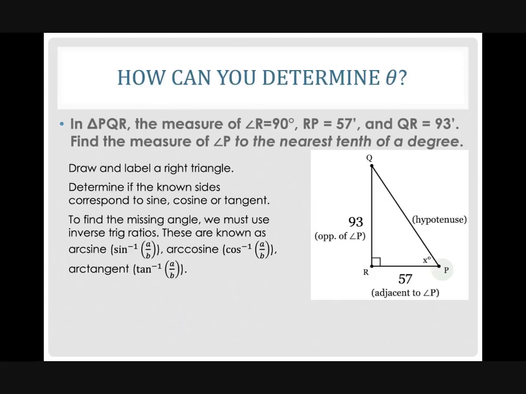You can think of it as working backwards from a problem where you're given the ratio but not the angle. The arcsines help you to determine what the missing angle would be. And notice, though, that that -1 does not mean that we place it as a fraction. That -1 is not to be considered an exponent.